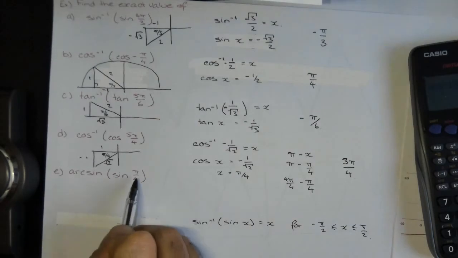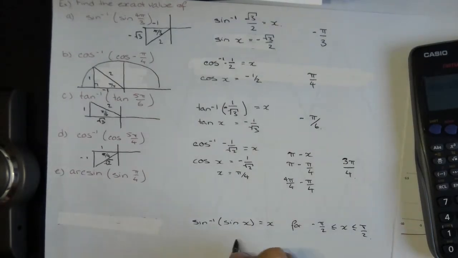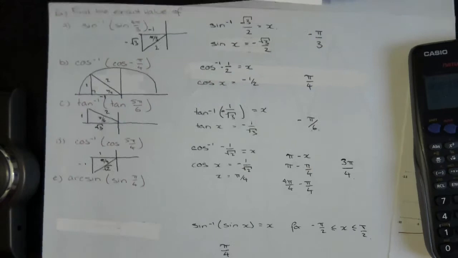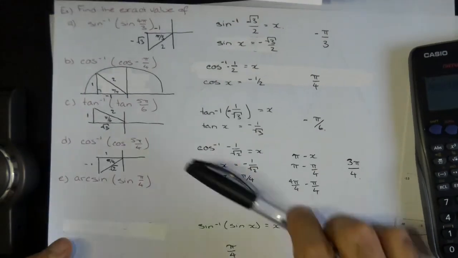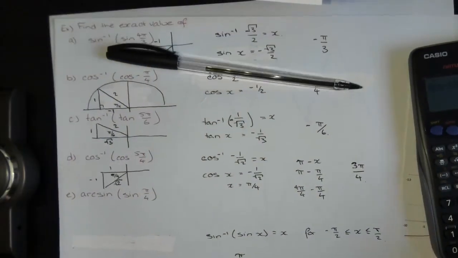And so technically pi on 4 is between this range, so using this property we should get pi on 4 for that solution. Okay, I'll do one more example.